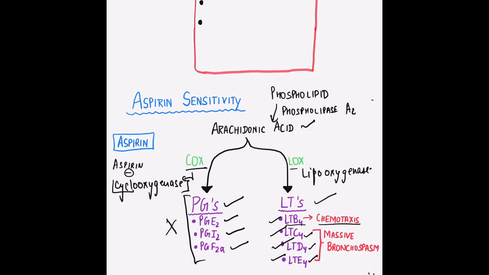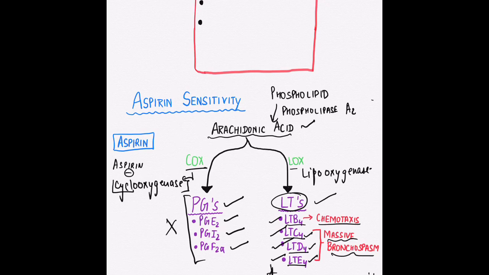So, by inhibiting the COX pathway, it is tipping the balance and causing shunting of arachidonic acid to form more and more leukotrienes. As leukotriene production increases, leukotriene C4, leukotriene D4, and leukotriene E4 are also increased in amounts. They cause massive bronchospasm.